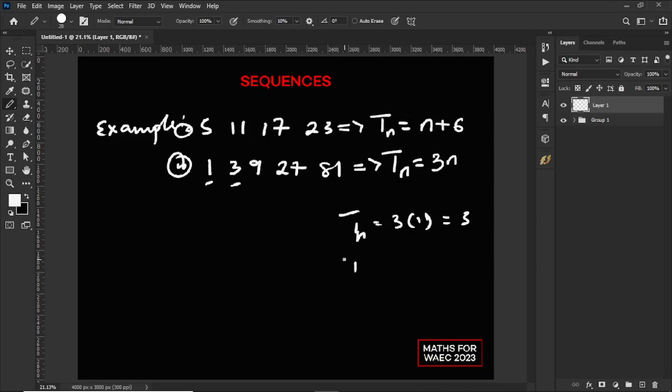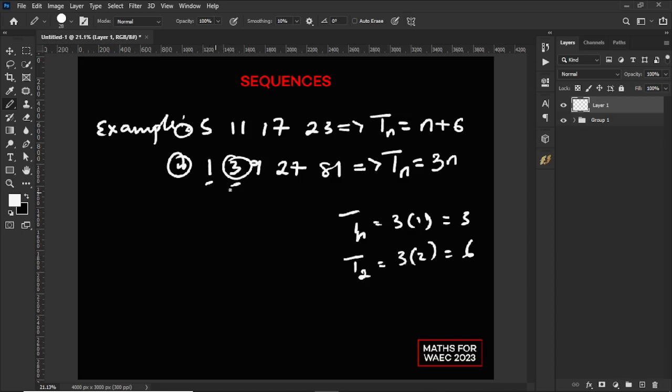For the second term, it's going to be 3 times 2, that would be 6. It's not correct. It's not even correct for the first term besides.